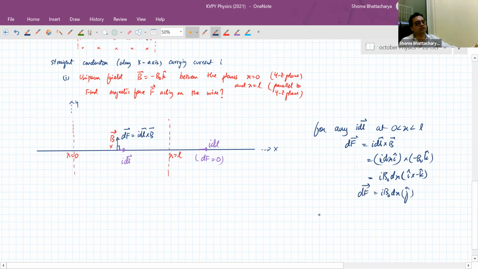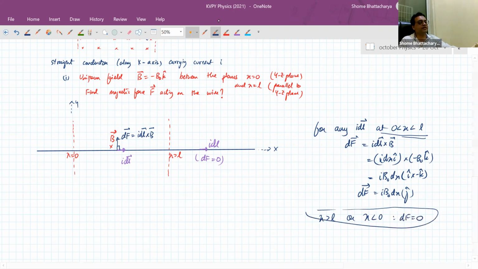Whereas if you go outside of this range, or x greater than L or x less than 0, the force is 0. So that's of course a separate matter. Now the net force acting on this wire, because all these elements will experience upward forces like this, is going to be upwards only.